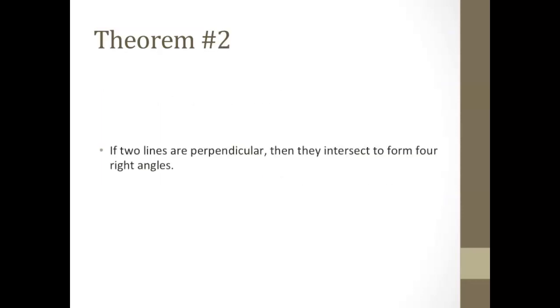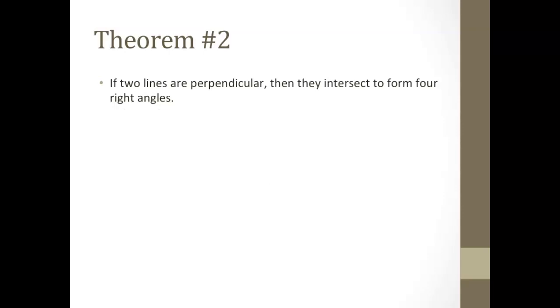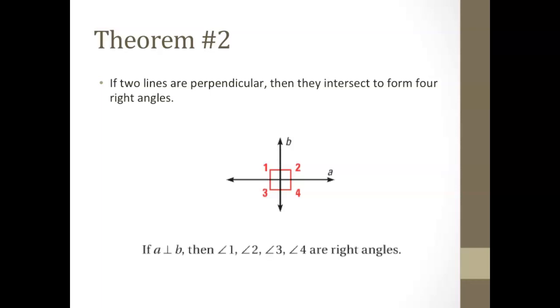The next theorem says, if two lines are perpendicular, then they intersect to form 4 right angles. So in this case, if you know that two lines are perpendicular to each other, not only do you know that angles 1 and 2 are going to be 90-degree angles, but similarly, you would be able to say that 3 and 4 are also right angles.